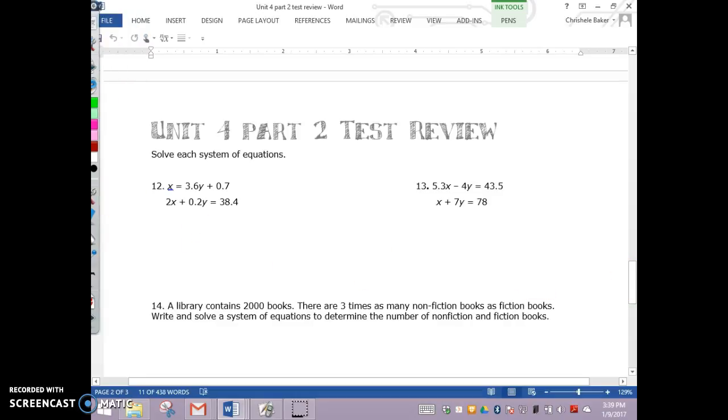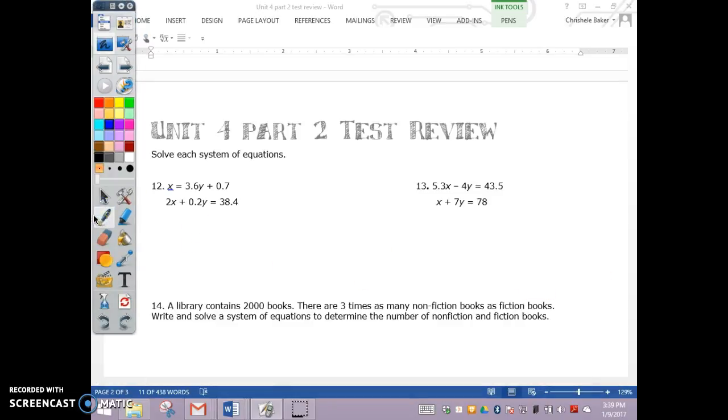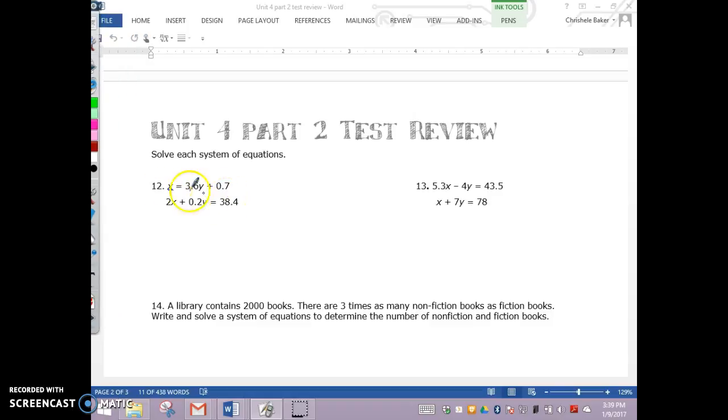Okay, 12. What I would do here is I would clear your decimals. So I'd multiply everything by 10, moving everything one space over. I do the same thing here.